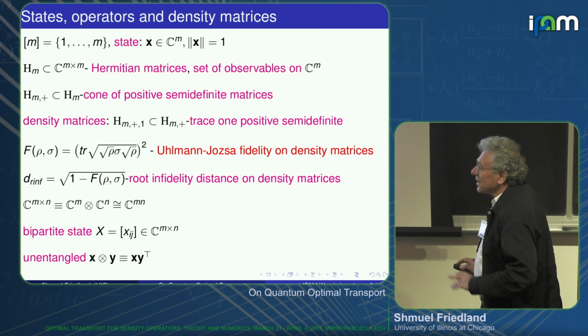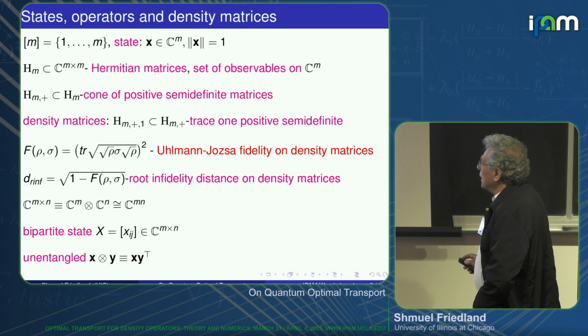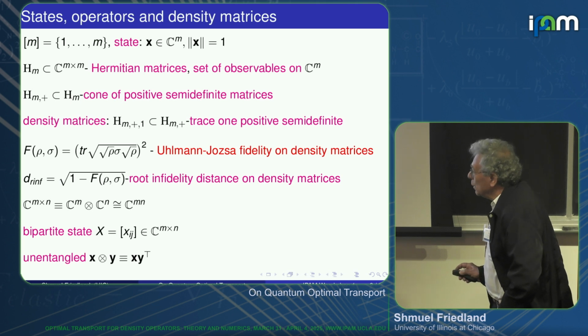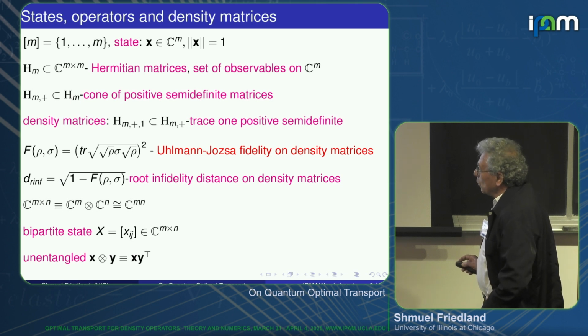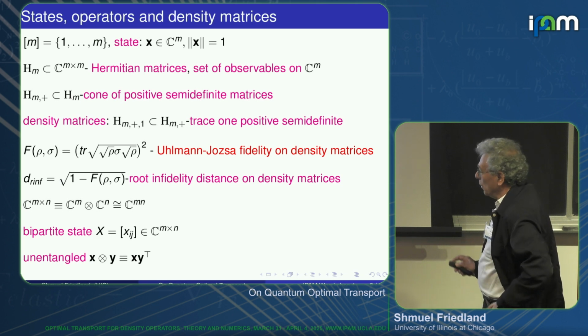But it is the exact analog of the Bhattacharya coefficient, and it's called the Uhlmann-Jozsa fidelity on density matrices. And if you take the square root of F(rho, sigma), it is called the root fidelity distance on density matrices. It demands a proof, but it's true.